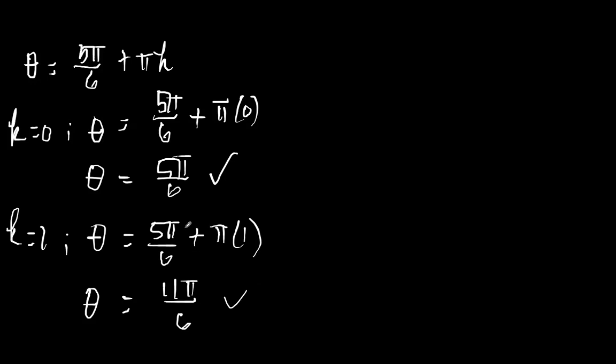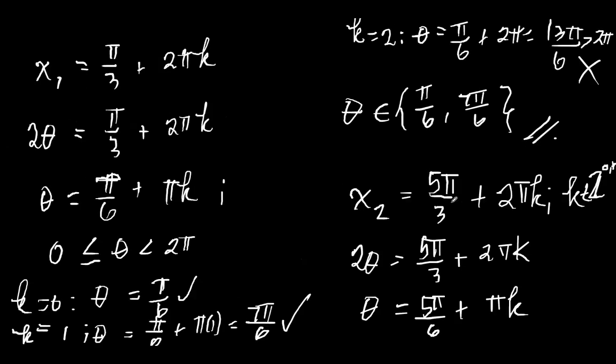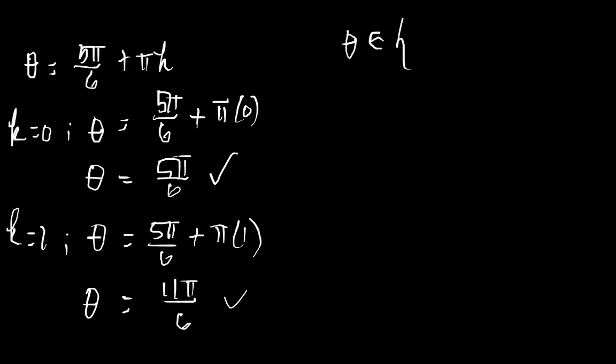So we also found two values for theta when x is equal to, oh, sorry, when x is equal to 5 pi over 3 plus 2 pi k. So this becomes 5 pi over 6 and 11 pi over 6.